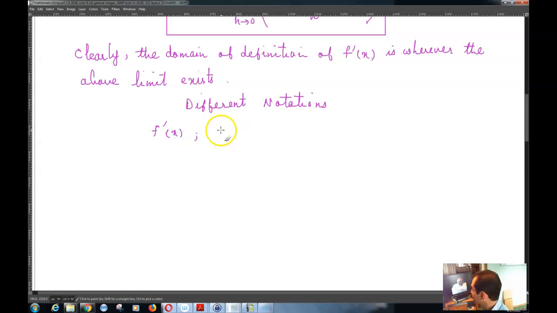Sometimes you use d by dx of f of x. Or basically if y is equal to f of x, then you can say dy by dx.